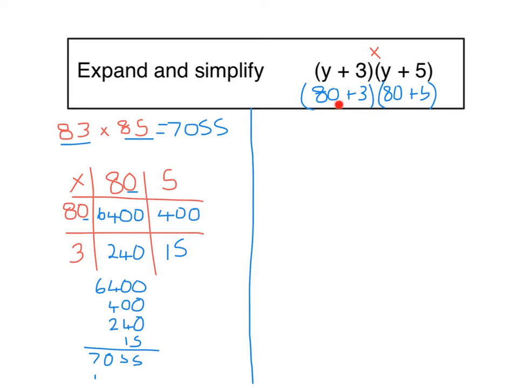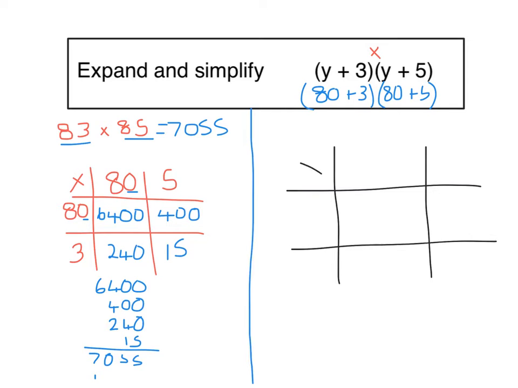Now remember, what works with number works with algebra. So all we're going to do is use a grid method. But this time I'm going to have y add 3 and times by y plus 5.